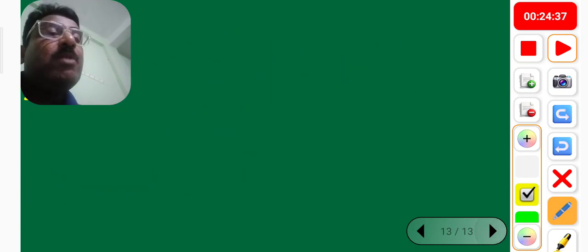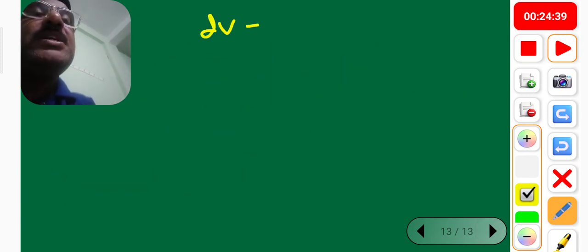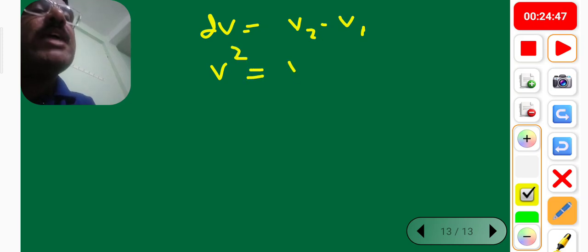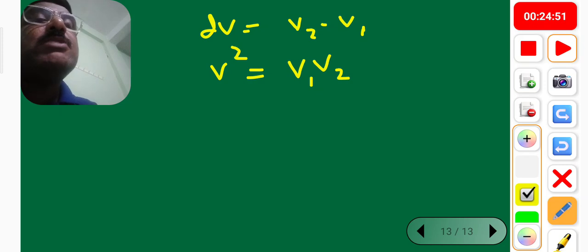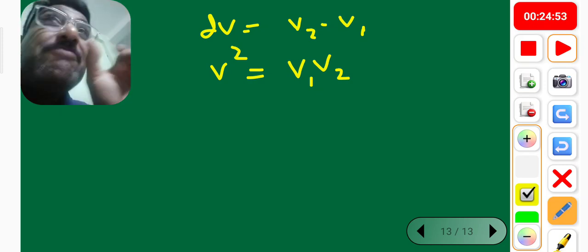Here, dV is nothing but V2 minus V1. And V² can be approximately written as V1 into V2, for a very infinitesimal small change.